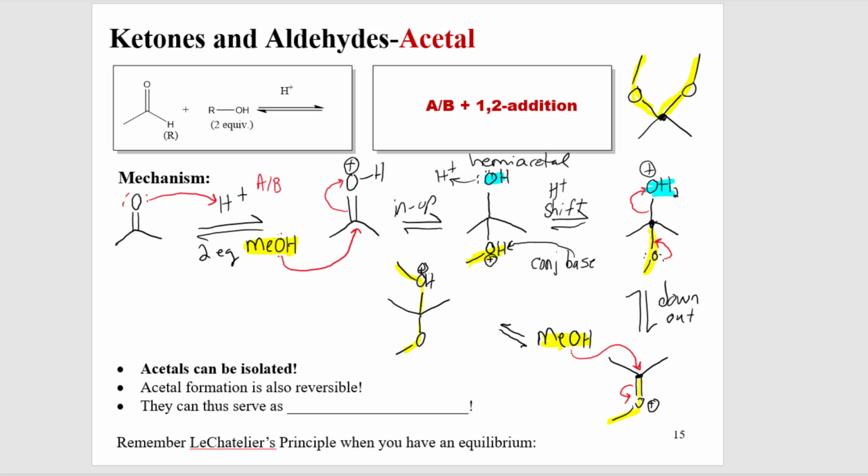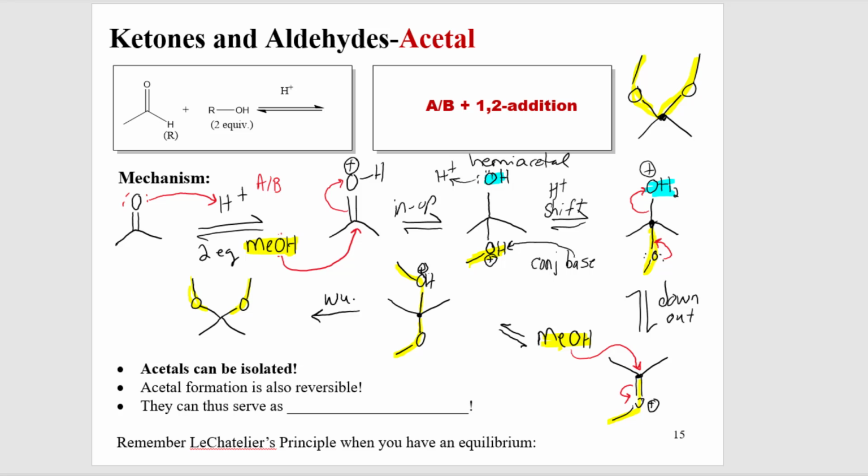the acetal, the carbon with 2 OR groups on it. Now I can work this up to neutralize the acid so that my acetal is safe. It's really just a diether. And if you remember, ethers are pretty non-reactive.